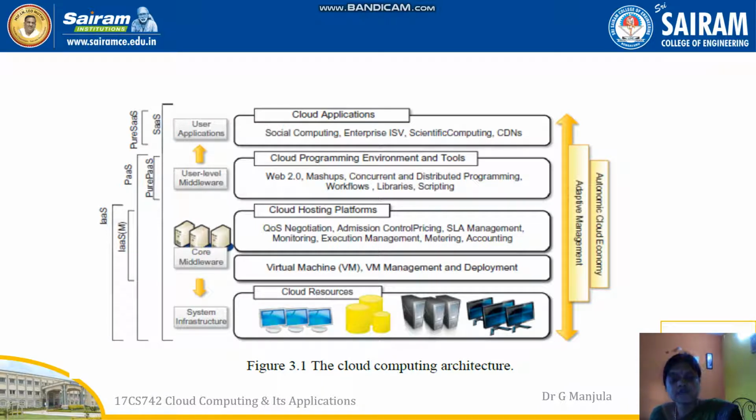Whenever I speak with respect to the platforms, or the category, you always categorize the units into 3. For example, if I say IaaS, infrastructure as a service, you have to discuss 3 things: the resources, system infrastructure, and the core middleware, that is, the innermost layer or the physical hardware components, which can also be used virtually.